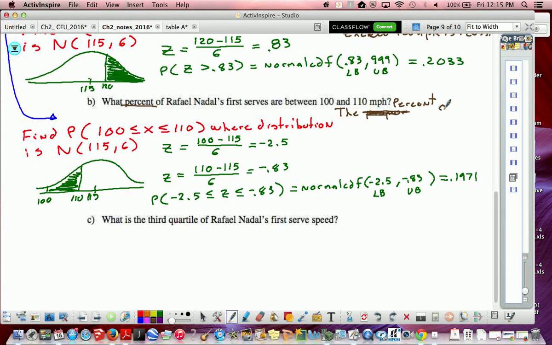So the percent of Rafael Nadal's first serves that are between 100 and 110 miles per hour is 19.71%. So just under 20% of his serves are between 100 and 110 miles an hour.